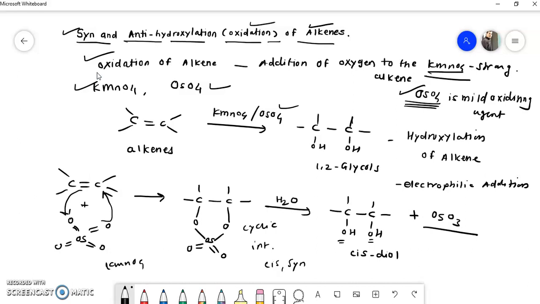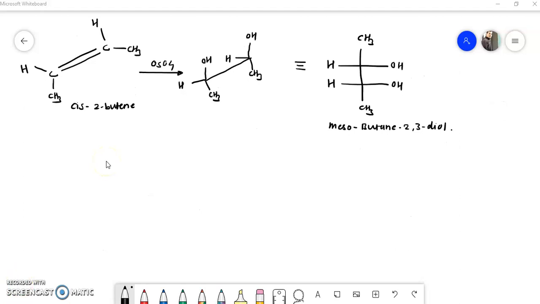Now, we will see in detail what will happen if we take unsymmetrical alkenes as the starting materials. If we consider cis-2-butene as a starting material and do the hydroxylation of this cis-2-butene in presence of osmium tetroxide, we know that the hydroxy groups will come on the same side, as we have seen in the mechanism.